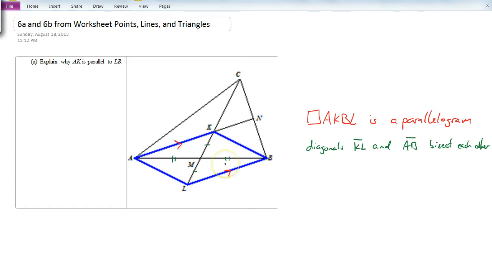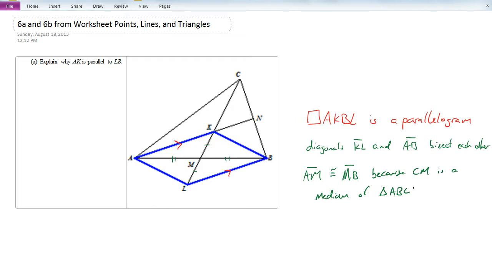AM is congruent to MB, because CM is a median of triangle ABC. Now this is a geometry median, not a statistical median, but keep those separate.